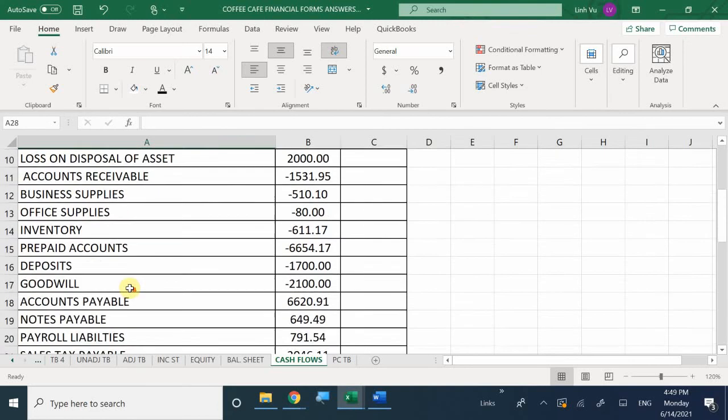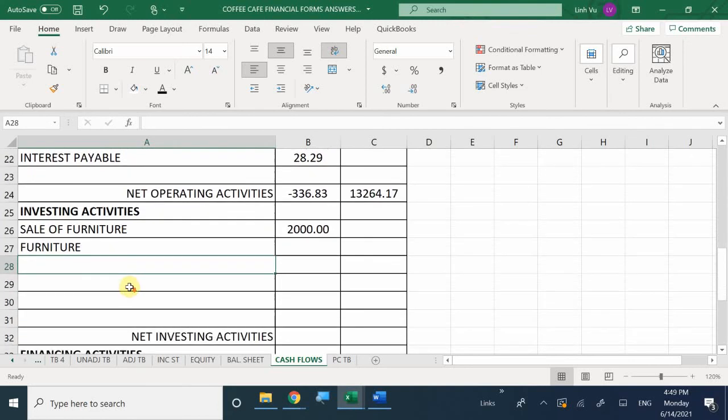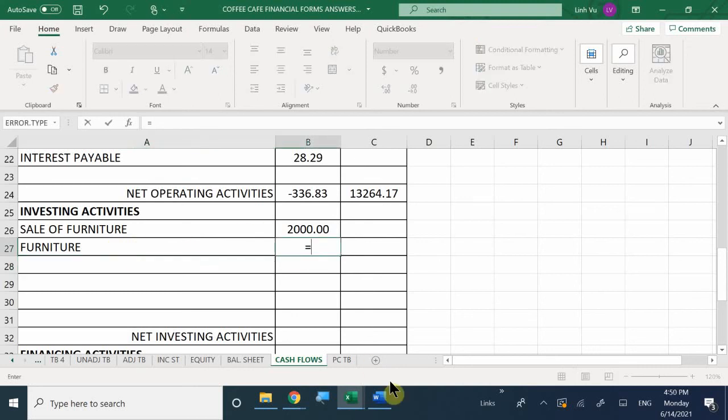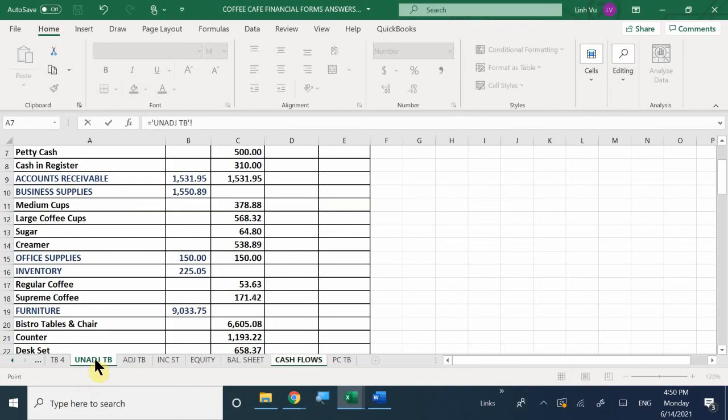What was the total amount that I actually purchased my furniture for originally? I may have to go to my unadjusted trial balance to find that answer. What was the total amount of furniture that I purchased? $9,033.75. Good.